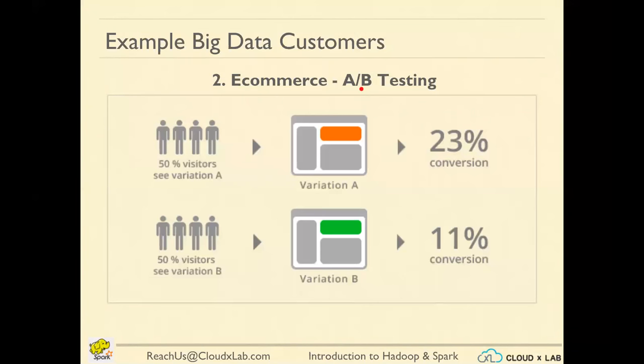Great. All right, so moving on. Now this is A/B testing. In A/B testing, if we have more and more users, we will get better results. For example, at Amazon, there are so many tests running in parallel.